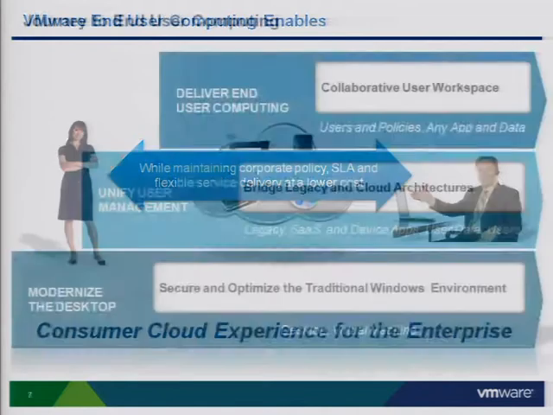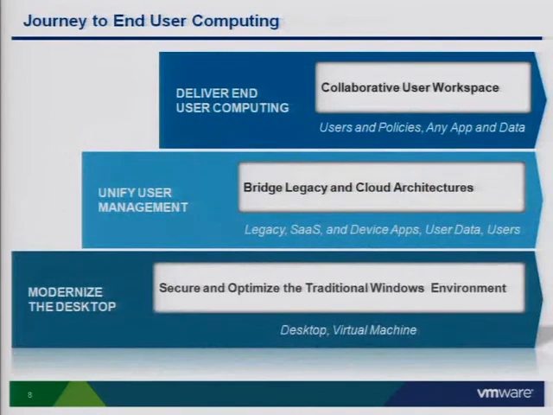Well, so how do we get there? As we heard from the keynote, from both Rick Jackson and Paul Merritt, it's all about the journey. And there's 3 steps to this journey. Step 1, at the bottom, is modernizing the desktop. And for the most part, if you guys are already running View, that's checked off.